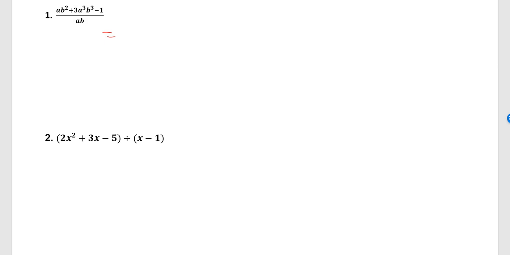So like we said here, this is essentially a sum of quotients, right? So what we do is we just separate this single fraction into 3 quotients, right? ab squared divided by ab, and then plus 3a cubed b cubed over ab minus 1 over ab.